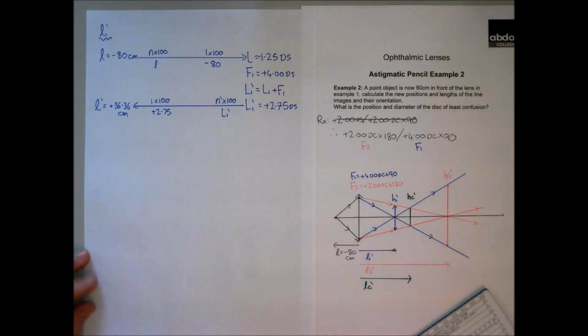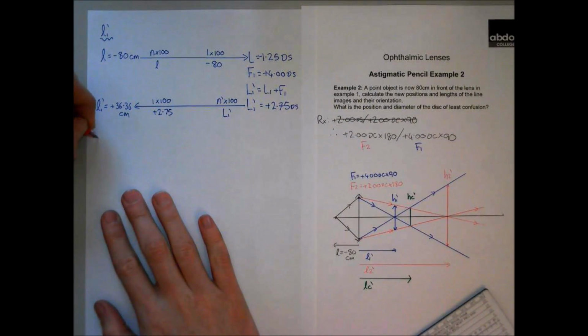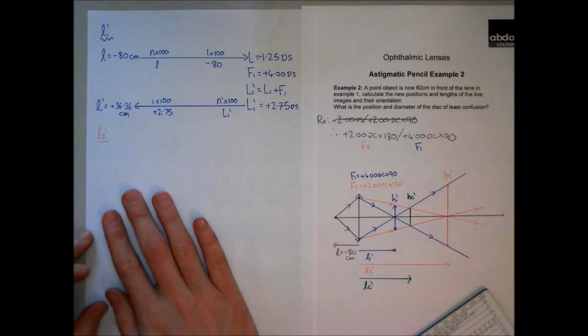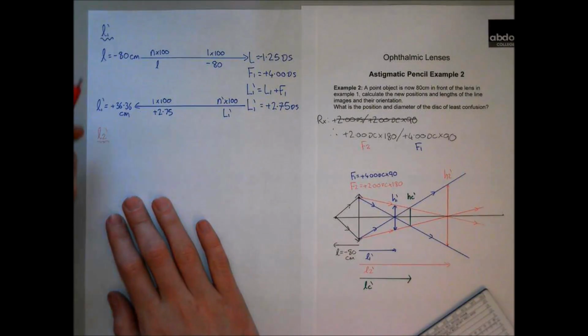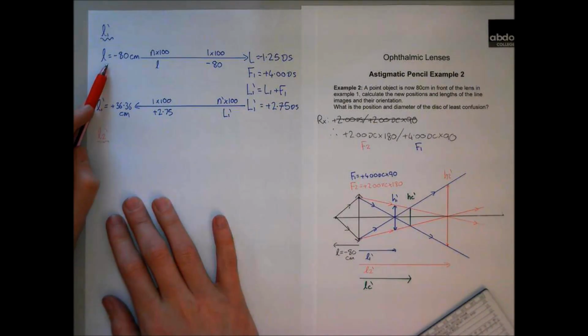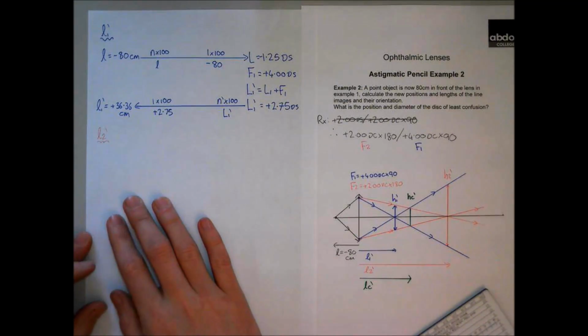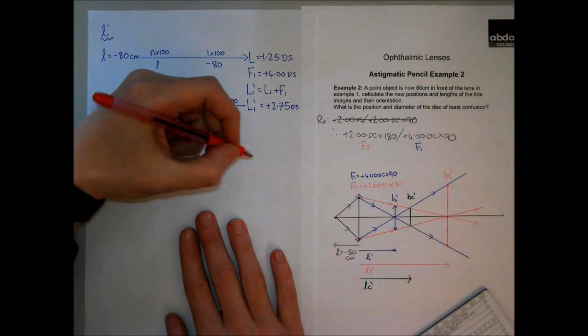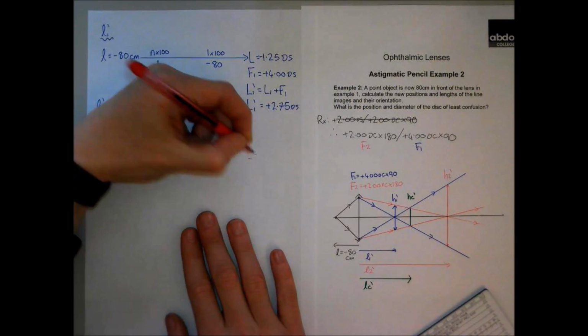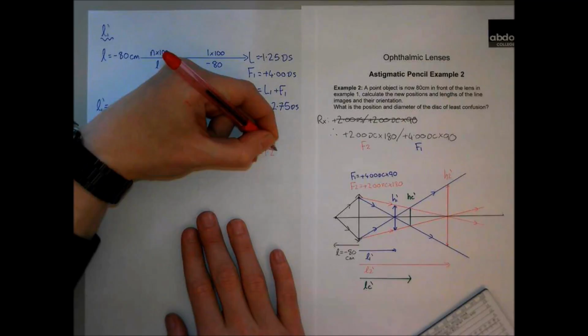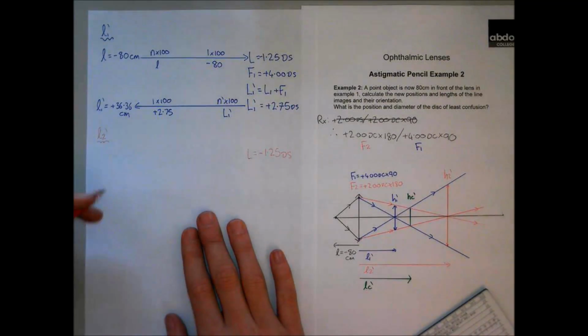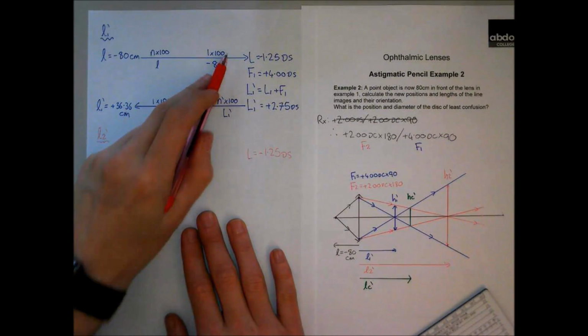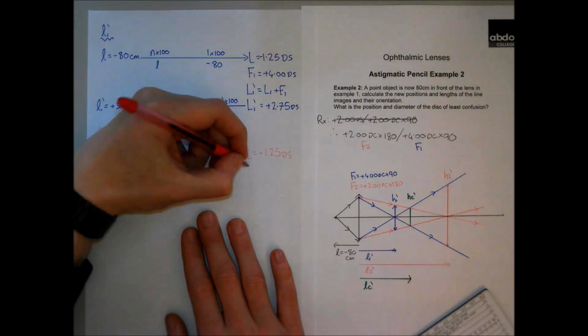Next thing we're going to find is little L2 dashed. Swapping colours because I'm looking at a different thing now. Now, my object hasn't moved, which means my big L remains the same. So I'm going to start my ray trace at my big L of minus 1.25 diopters. Object hasn't moved, divergence stays the same.